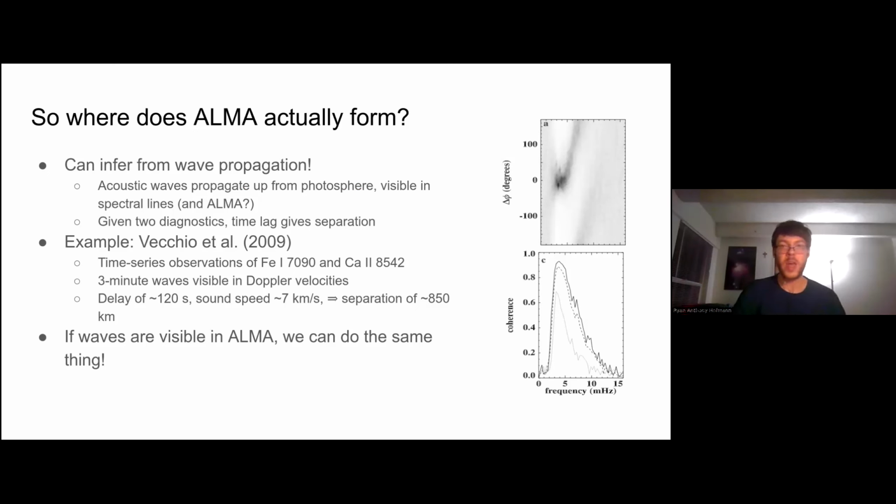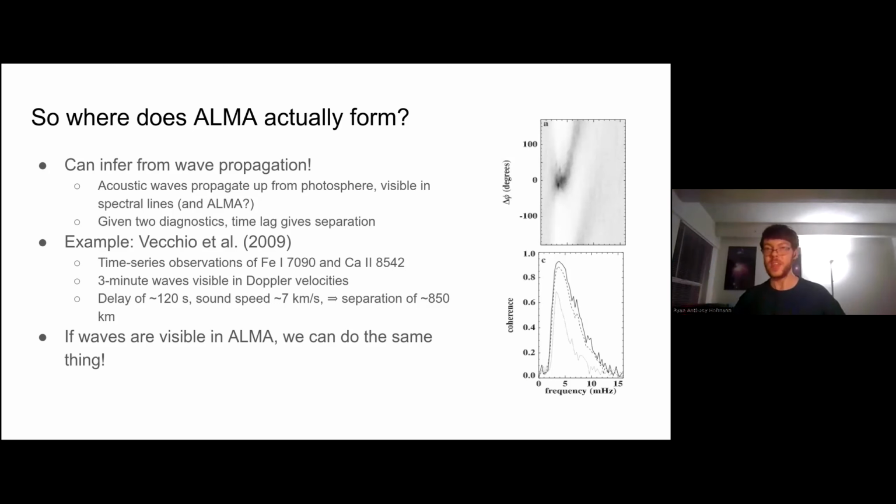And those acoustic waves propagate upward, and as the density drops, they steepen and eventually form shocks higher up. And so since we know the sound speed more or less in the solar atmosphere, it's roughly 7 kilometers per second in the chromosphere, then you can use observations of 2 different diagnostics at a given point over time.